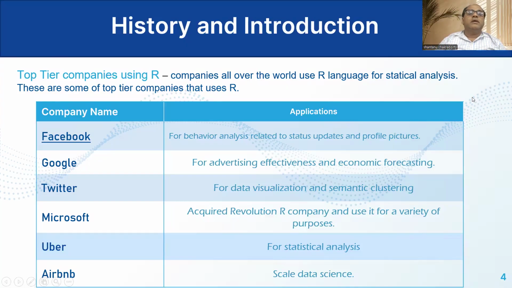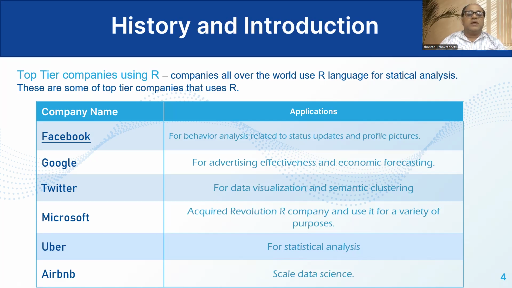Now, R is used for statistical analysis, and the companies that use R include Facebook, for behavioral analysis related to status updates and profile pictures. R is used by Google for advertising effectiveness and economic forecasting. R is used by Twitter for data visualization and semantic clustering.